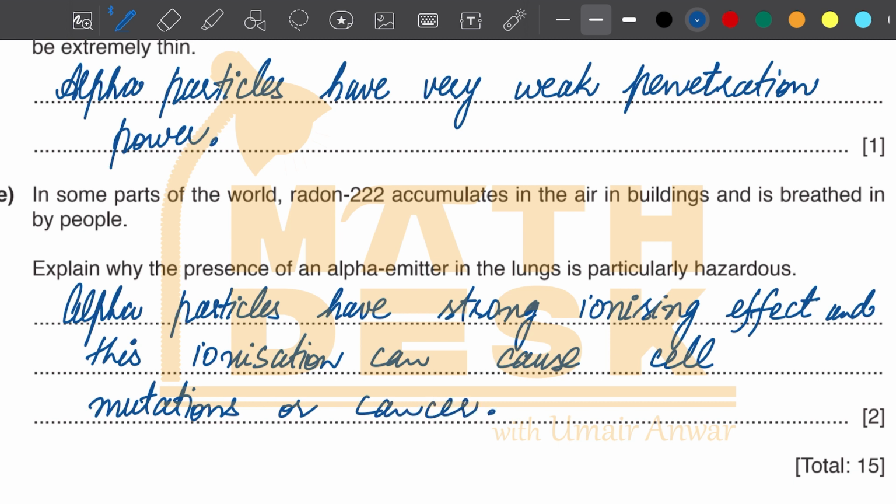That is why it is not safe, and it is hazardous to inhale an alpha emitter gas like radon. So the question ends here with this part.